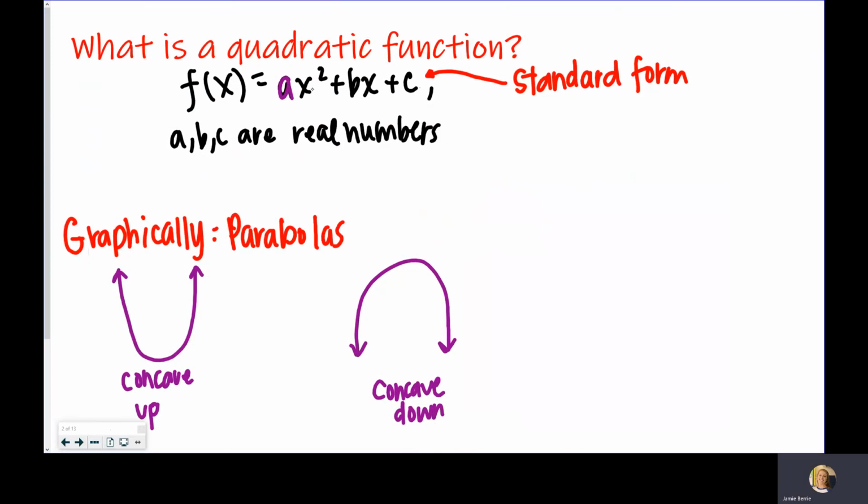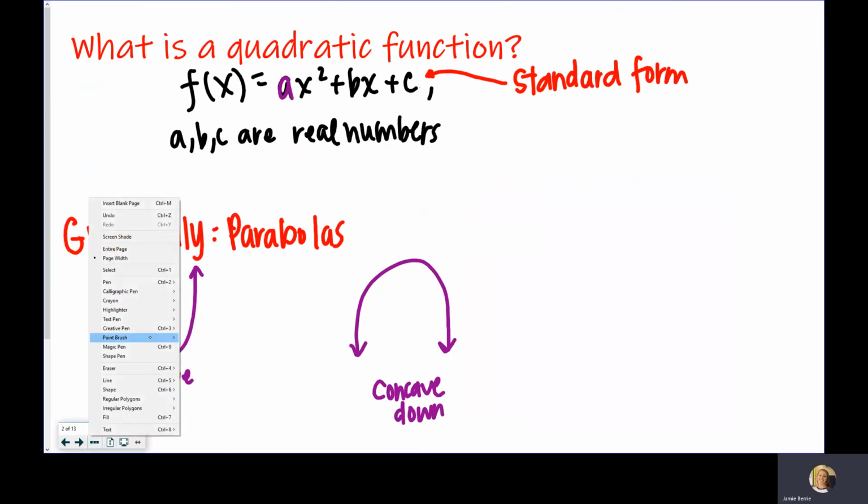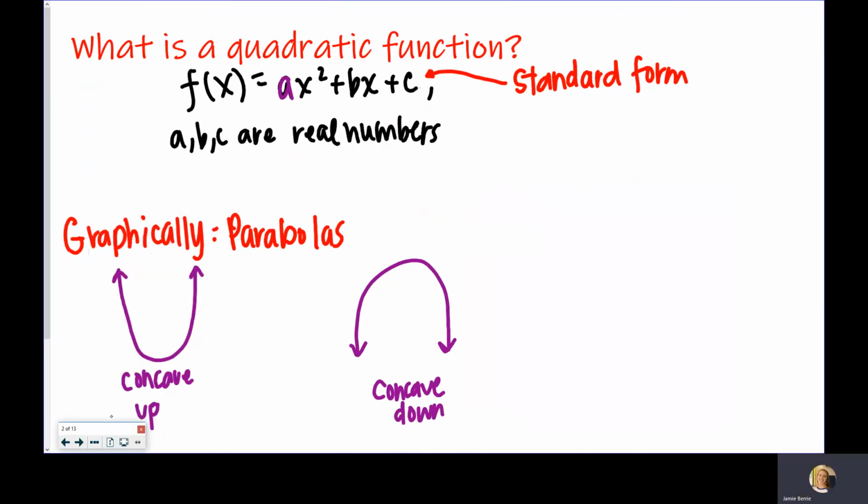All right, so that a from our quadratic function up there in standard form determines whether our parabola will be concave up or concave down. So if a is positive, if a is greater than 0, your parabola will be concave up. And if a is negative, or if a is less than 0, then your parabola will be concave down.